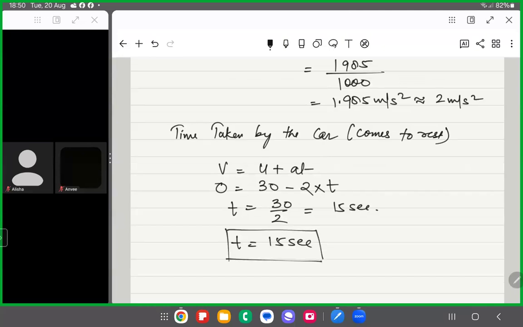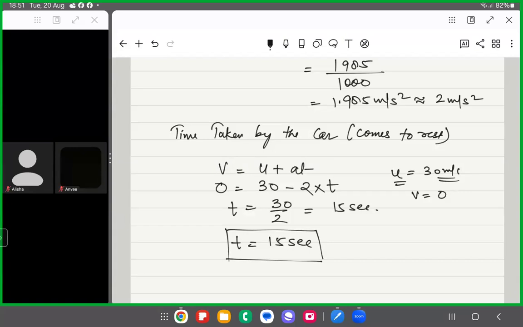Means when the engine stops working, it has attained some velocity, right? That velocity is 30 meter per second, right? Okay. When the engine stops working, this v of 30 meter per second becomes your u, your initial velocity. And what will be your final velocity? Final velocity will be 0 because it is coming to rest. So initial velocity 30 meter per second, v will be 0.